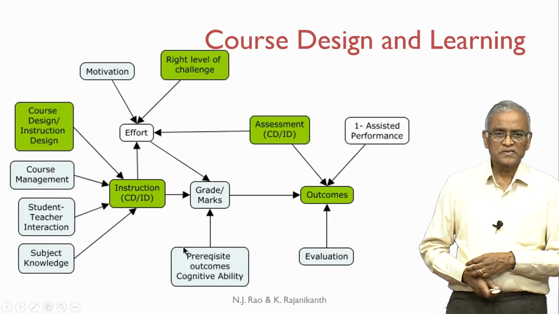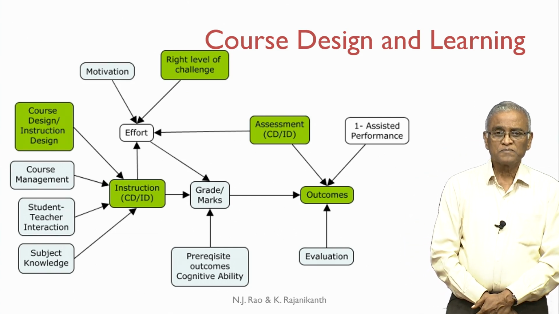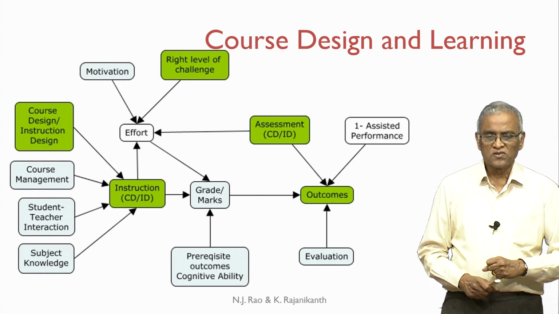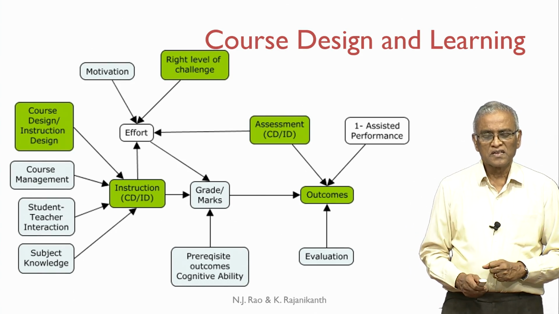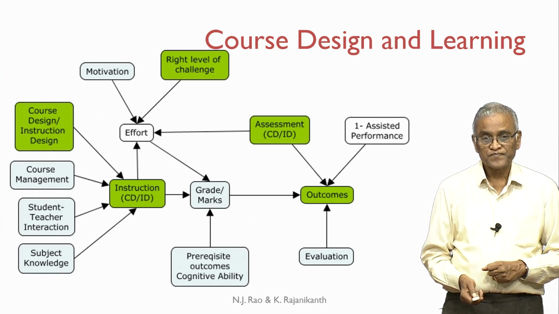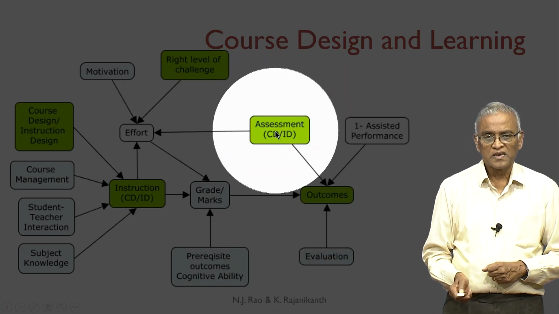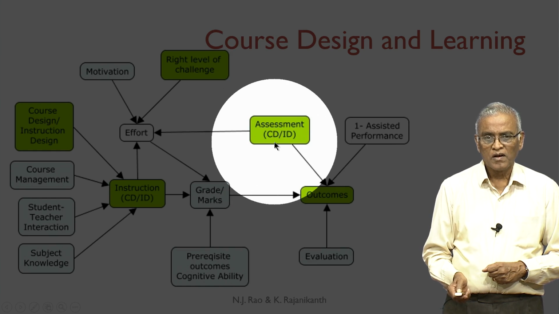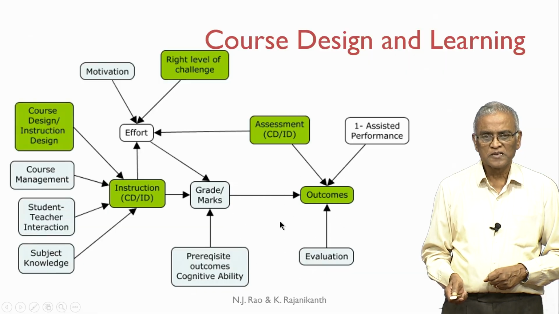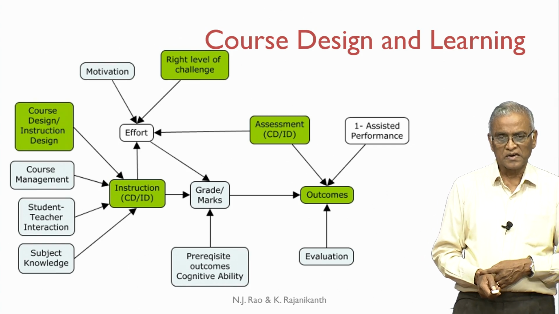Because of this complex relationship, the system somehow seems to keep getting adjusted, either knowingly or unknowingly, either by way of poor evaluation, or making the assessment very poor, or sometimes assisted performance, in trying to make sure that the students do get good grades and marks.